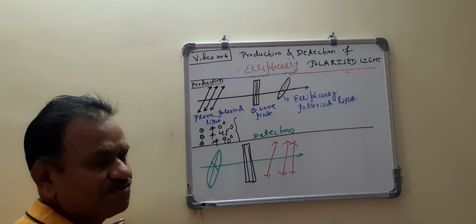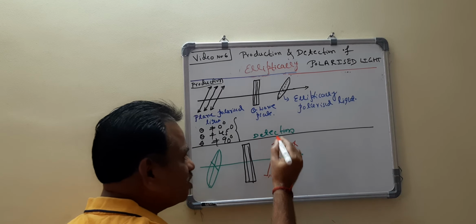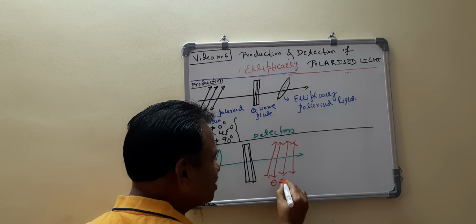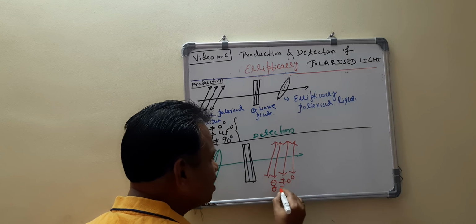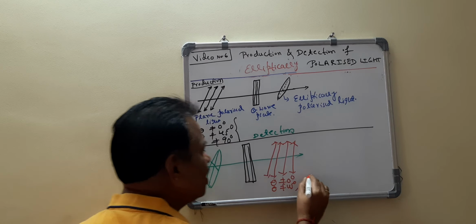Here again, the plane of vibrations theta is not equal to 0 degree, theta is not equal to 45 degree, and theta is not equal to 90 degree.